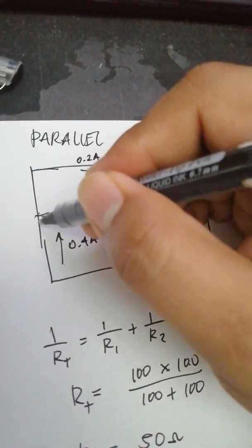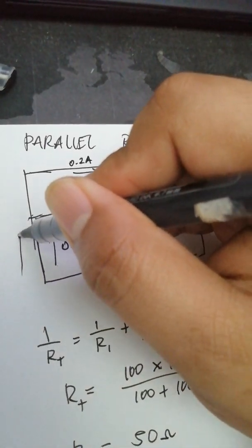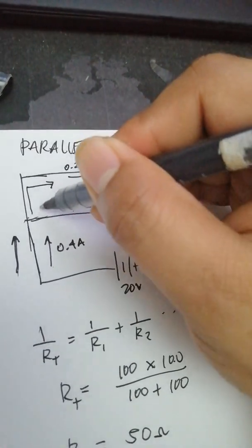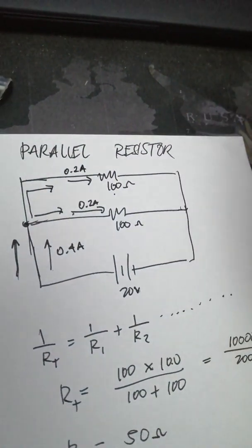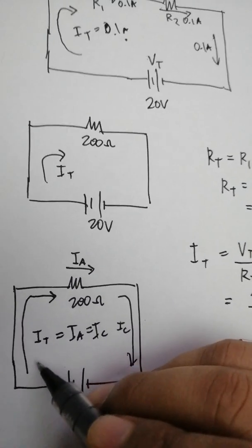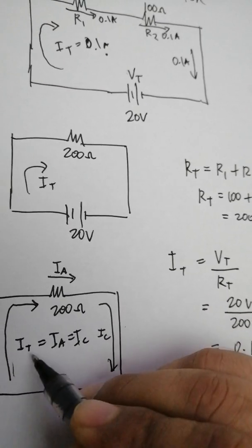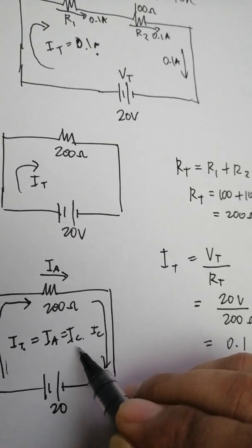Imagine this is a water pipeline, a water pipe. Whatever total water will be flowing in will be divided here and here, because this one is a junction, right? Now in theory, we already saw here that the current going here will be the same here. So I total, IA, IC is equal, right?